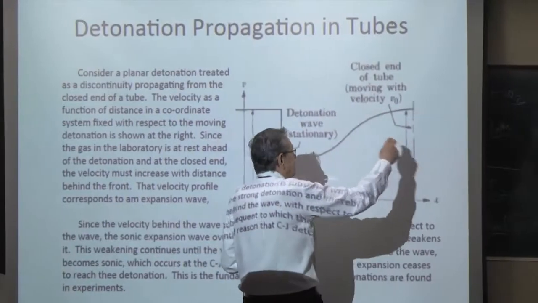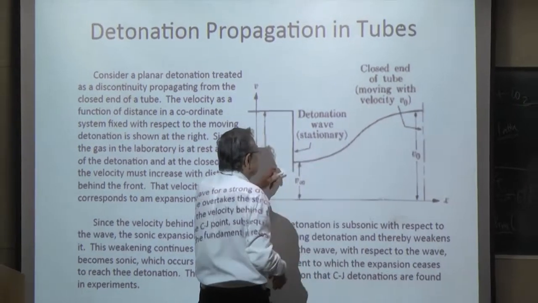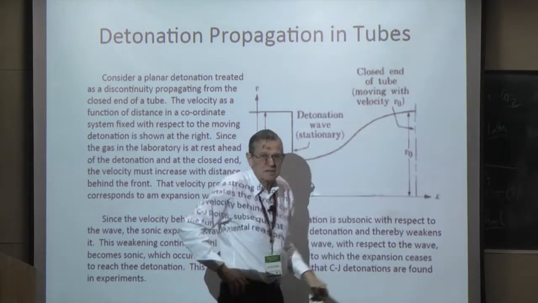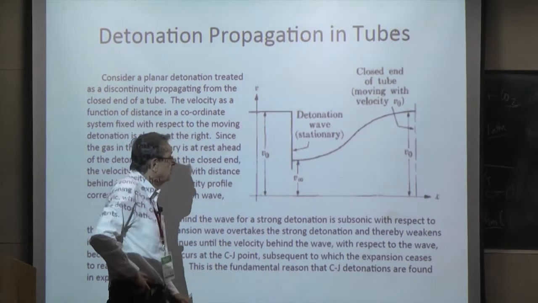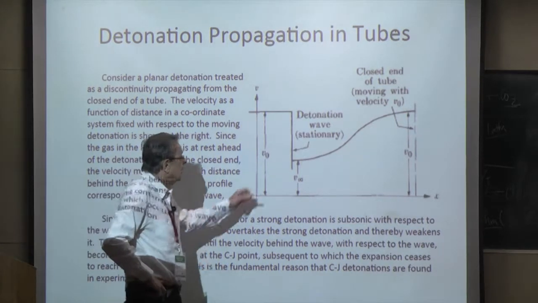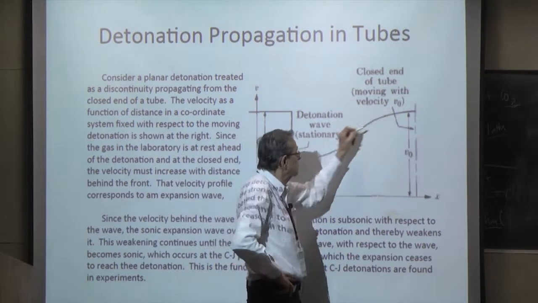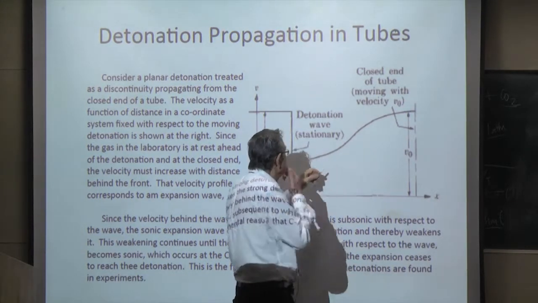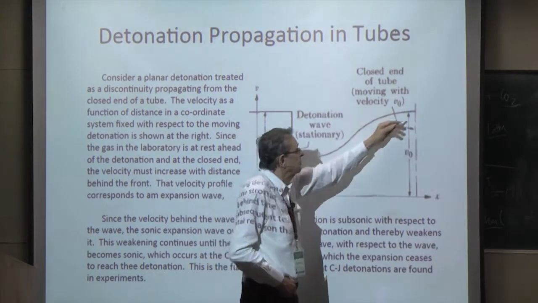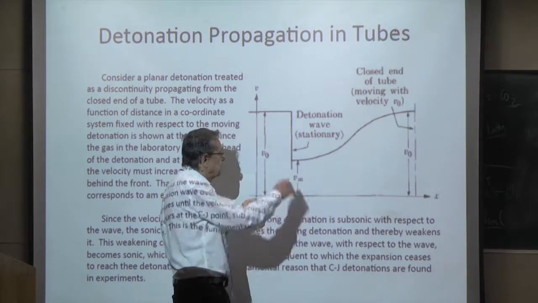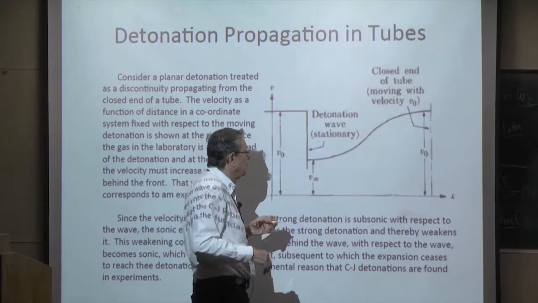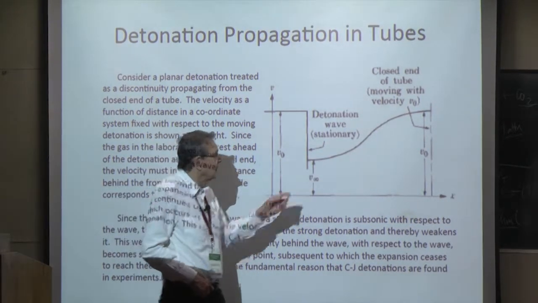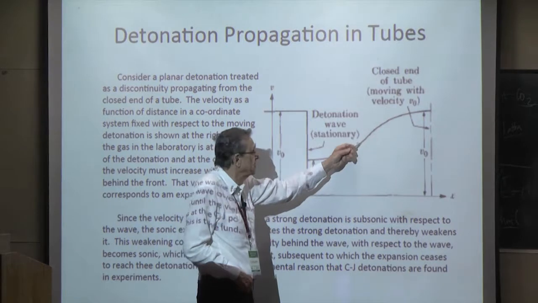And so when I get to the end of the tube, I have to be back to detonation velocity, and so there must be a velocity profile like this in the tube behind the detonation. Now, a velocity profile like this is a rarefaction wave. The pressure here is greater than the pressure there. If it's isentropic, it's rarefaction. The rarefaction waves are acoustic waves. They propagate at acoustic velocity.